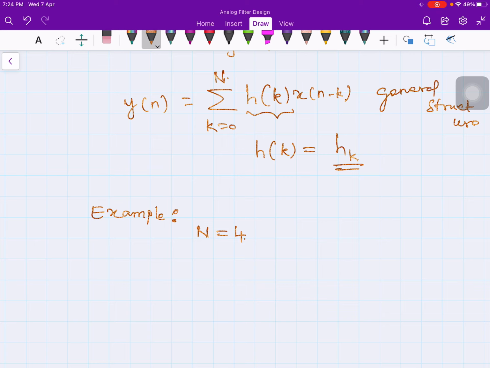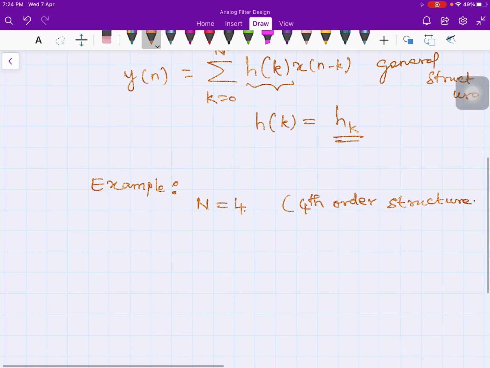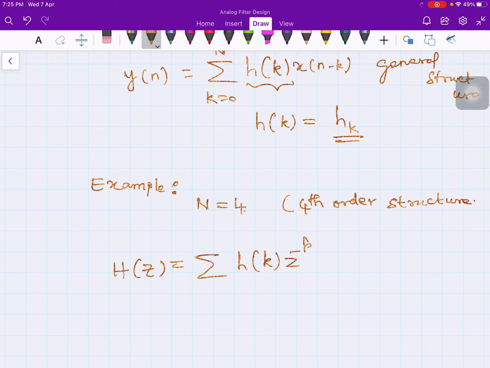It's a fourth order filter, or I can say a digital filter structure. Then my transfer function H(z) is equal to summation h(k) z to the minus k, k equal to 0 to 4.